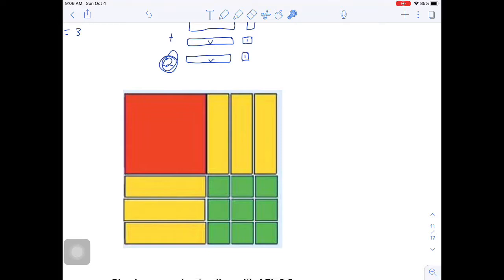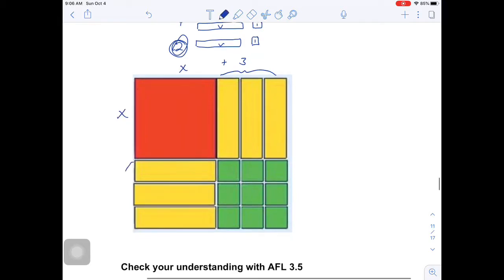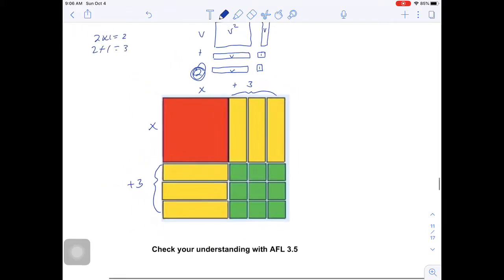What about this one? What does this represent? Well, this represents an x with 3 single units, so this represents plus 3. This is x on this side because it's a long length, and then this would be 3 single units, so plus 3. So in factored form, this represents x plus 3 multiplying x plus 3.